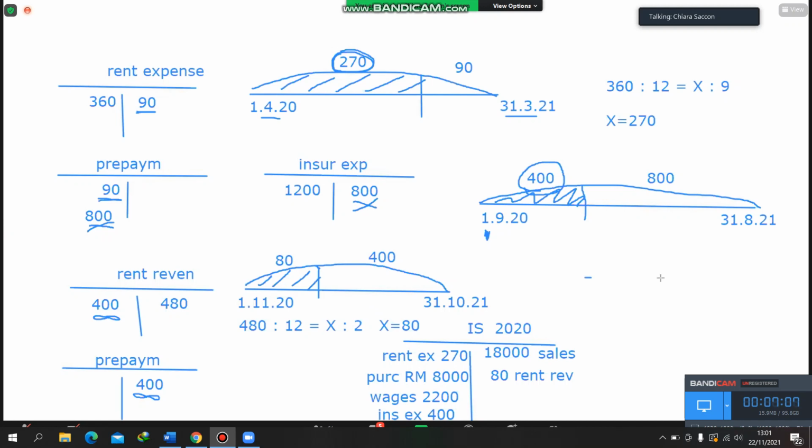Now I need your help for the balance sheet. The balance sheet is presenting the position. So we have the cash account. How much is it? Cash account, please calculate it. Okay, 23,920. Thank you very much.